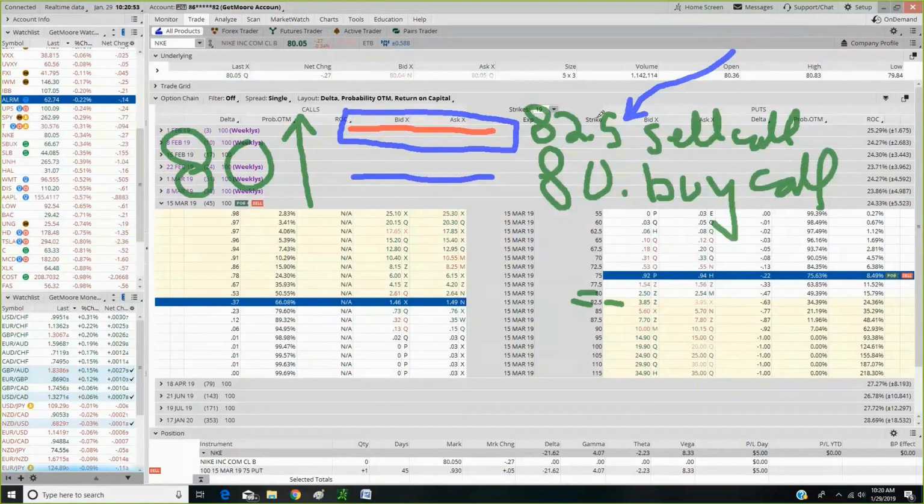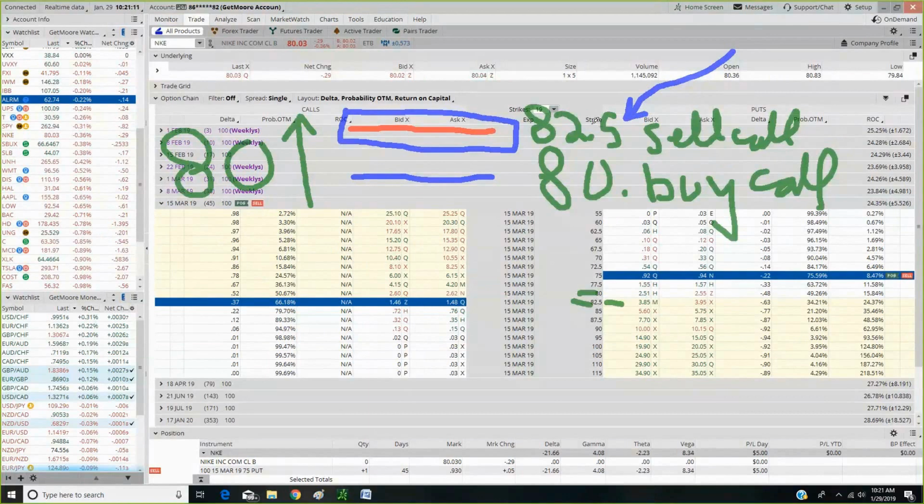Okay, it's got a defined loss and a defined maximum profit. When I buy the call, it's infinite. It can just keep going up. But when you buy a vertical spread or a debit spread, you're capping your gain.